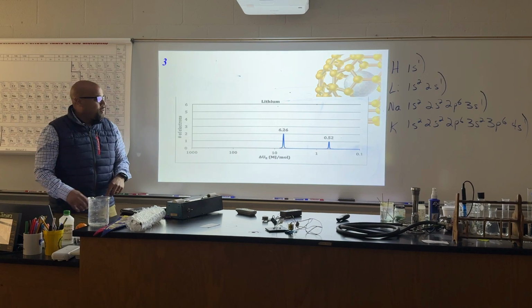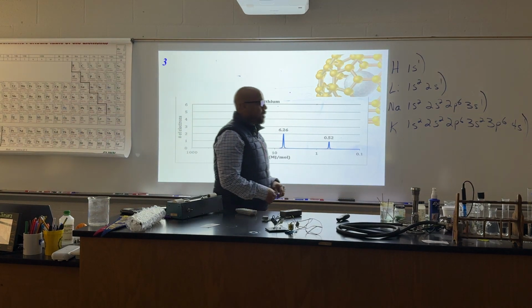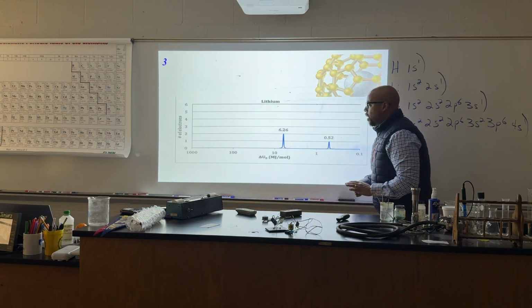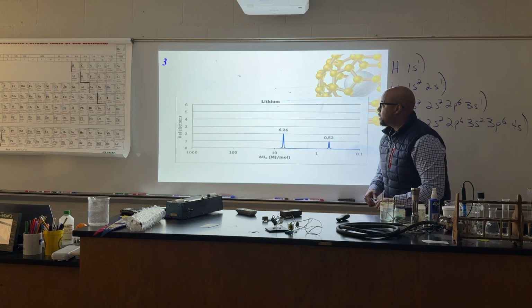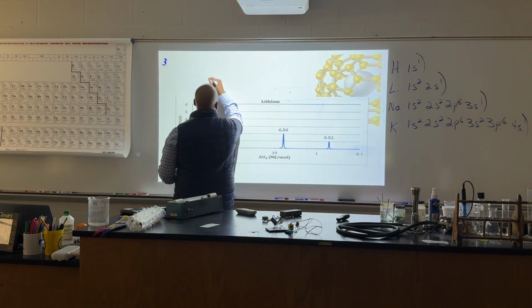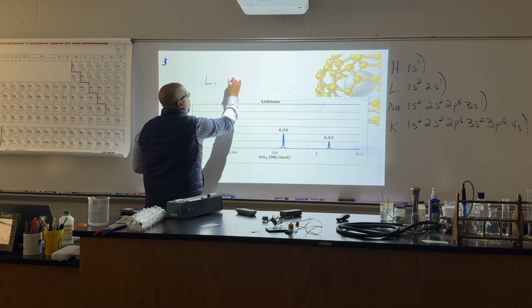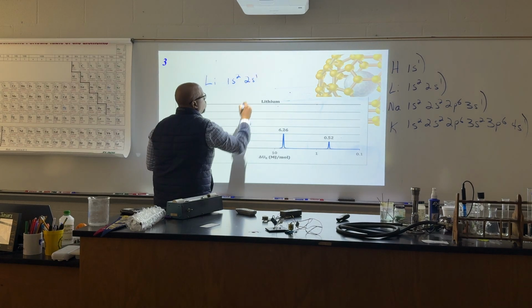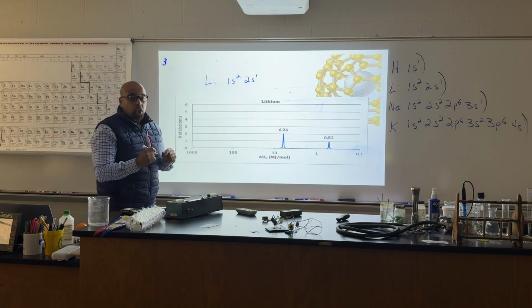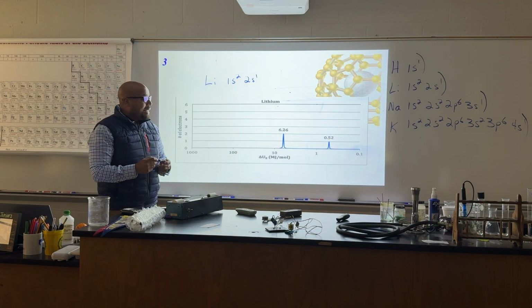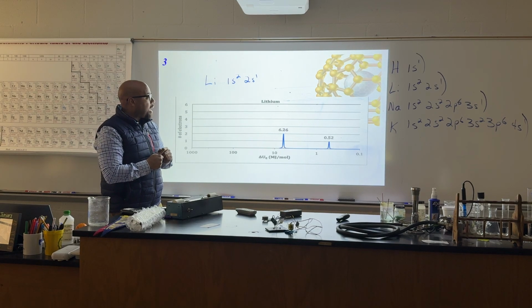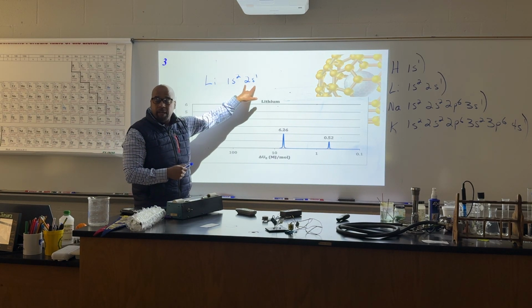The next thing that we have here is lithium. So if we look at it, what I know here is that lithium's electron configuration is the following: lithium, 1s2, 2s1. I already told you that the electrons that are easiest to pull out require the least amount of energy.